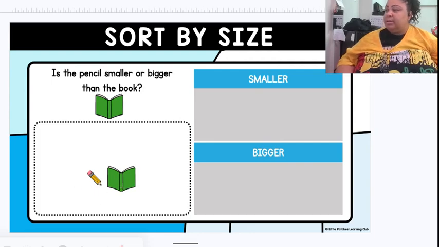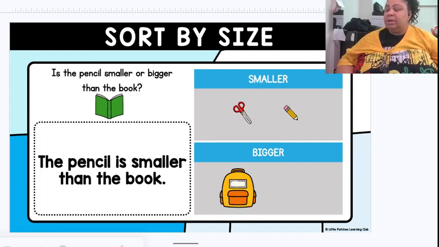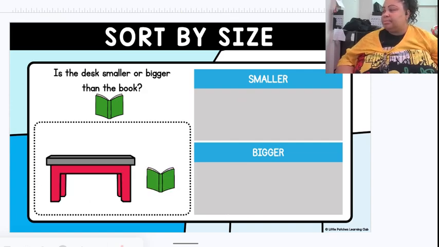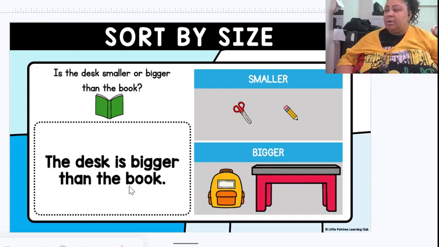The pencil is smaller than the book. Is the desk smaller or bigger than the book? The desk is bigger than the book.